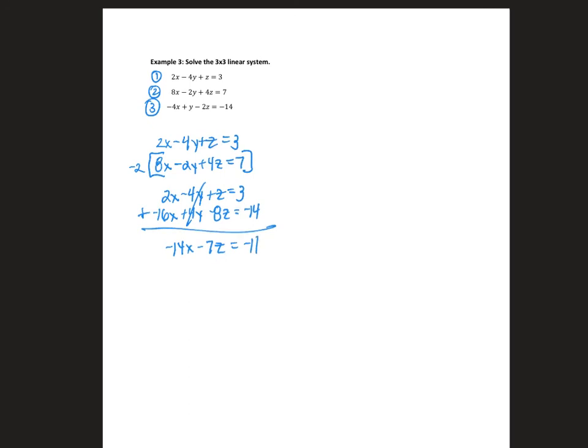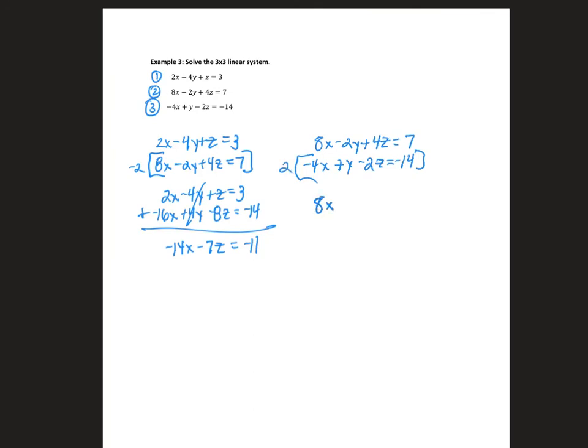And now I'll pick 2 new equations from my original 3. Maybe I pick the middle and bottom again. 8x minus 2y plus 4z equals 7. -4x plus y minus 2z equals -14. And I need to eliminate the y's again, so I need to multiply the bottom equation by 2.